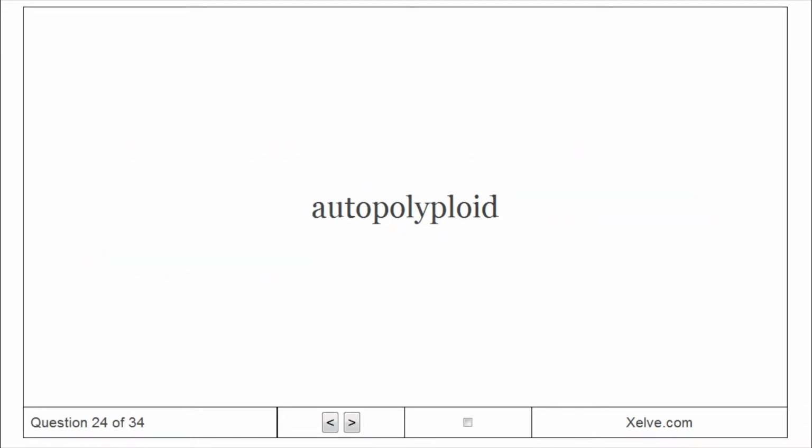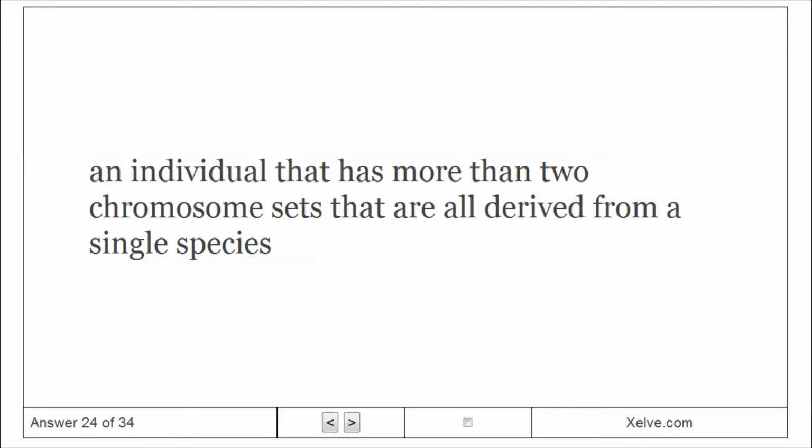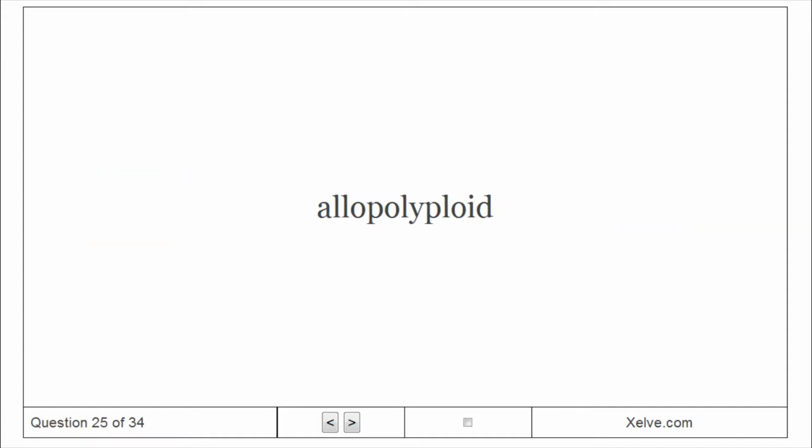Autopolyploid. An individual that has more than two chromosome sets, that are all derived from a single species. Allopolyploid.